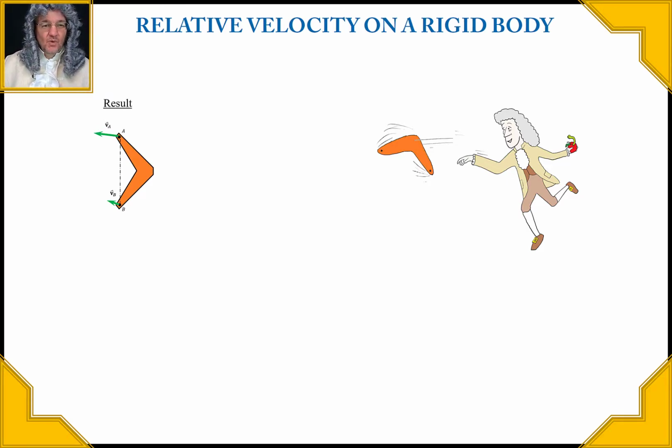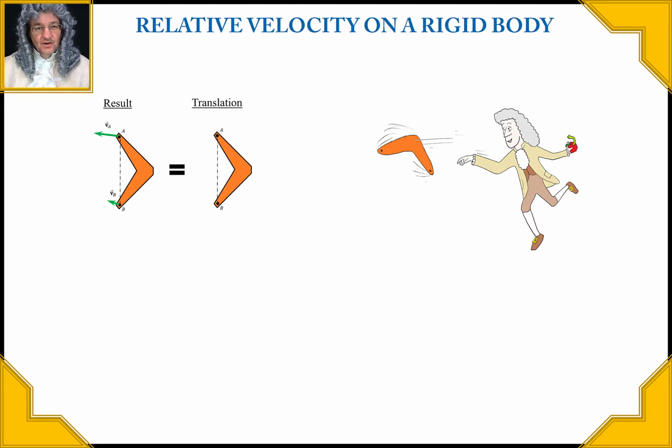And the velocity diagram is made up of the result, and we say that it equals translation right here, right? In this case, we're going to use B as the translating reference.